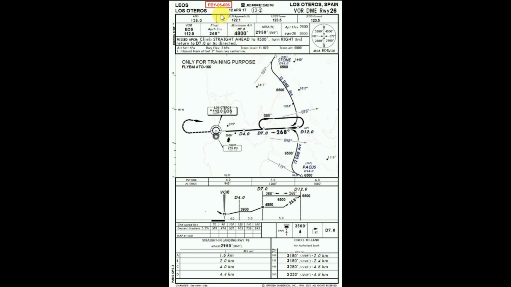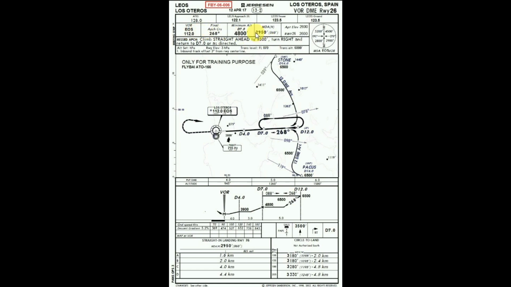We have Jeppesen charts, 12 April 2017, 13-2 flyby 26006 approach BOR DME runway 26. It's based on the main nav aid BOR Echo Oscar Sierra 112.0. Final approach course 268.